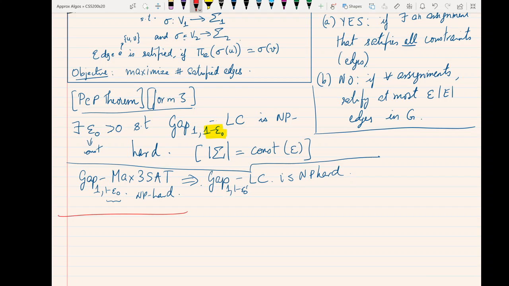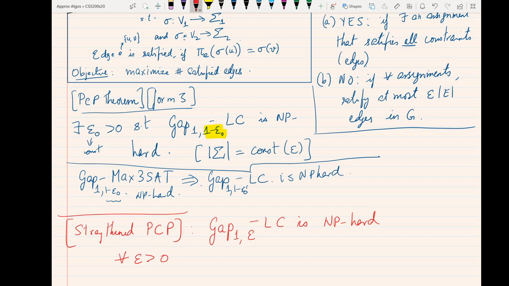This was proven by Raz, and the result is the following. It states that gap 1 comma epsilon label cover is NP hard for all epsilon greater than 0. That is, you can get the gap between the completely satisfiable instances in the yes instance and the unsatisfiable instances to be as large as you want.